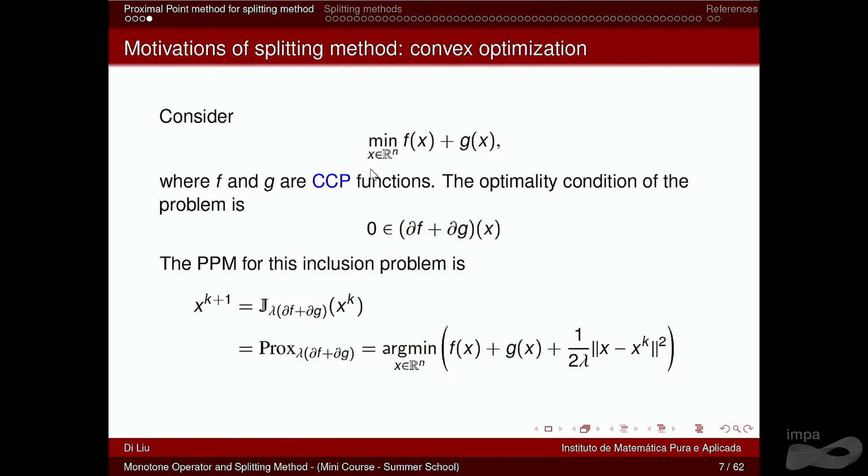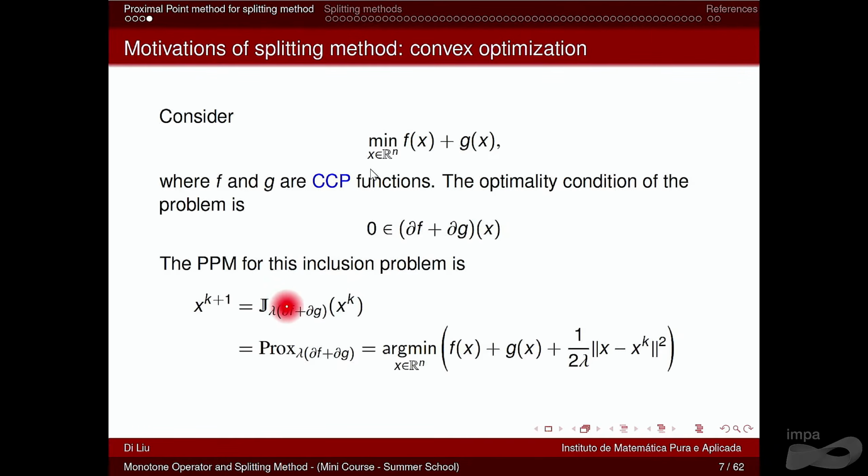This equivalence holds when strong duality holds, which means the primal and dual problems have solutions and the optimal values are the same. Since the sum of two subdifferentials is still maximal monotone, we can use PPM to solve this inclusion problem. So it gives us this iteration.